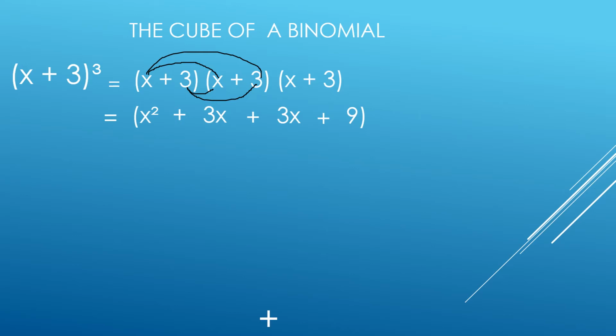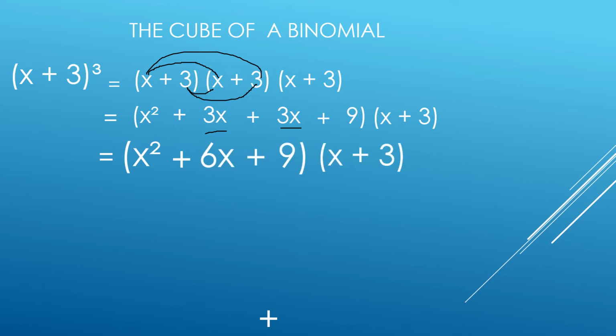So the product now, we're going to multiply again to the next binomial, which is x plus 3. But here, we can combine 3x plus 3x. They are like terms, so we're just going to copy x squared plus 6x plus 9. And then times that to another binomial, x plus 3.